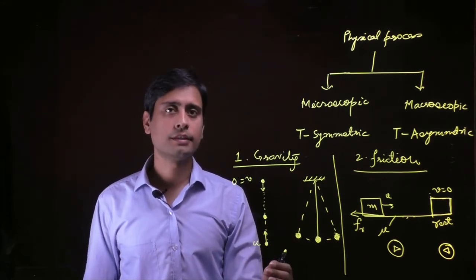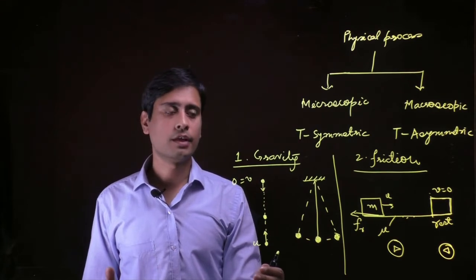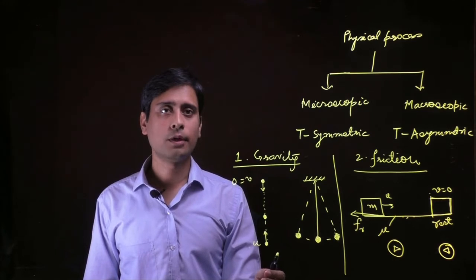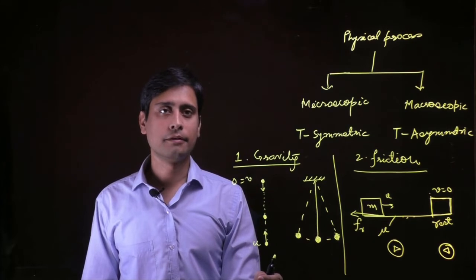So the basic difference of time symmetric and asymmetric is, just make a video and play it in backward direction. If you find something strange happening, then the process and the forces involved are not realistic in nature.